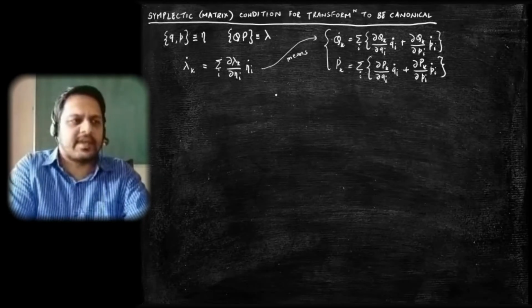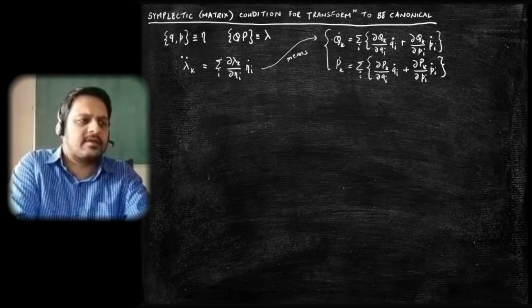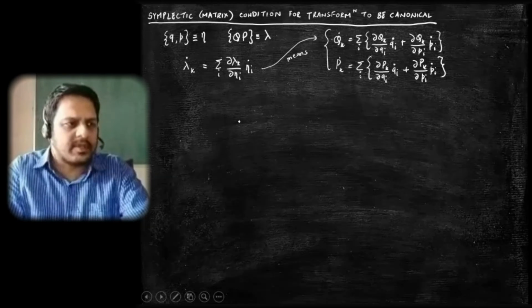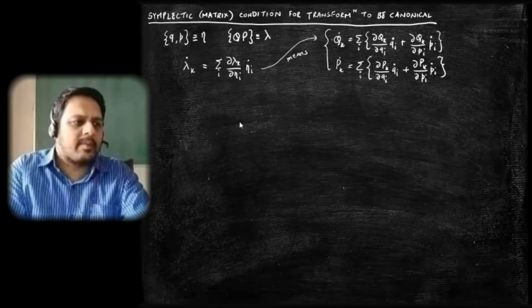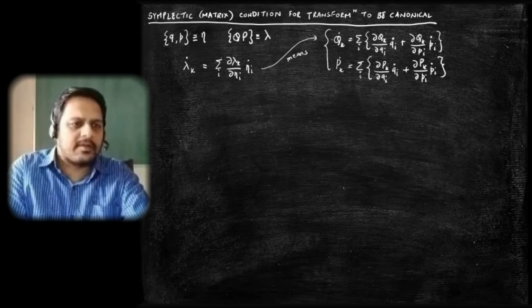All these things we can write compactly as lambda k dot is equal to summation over i of del lambda k by del eta i times eta i dot.